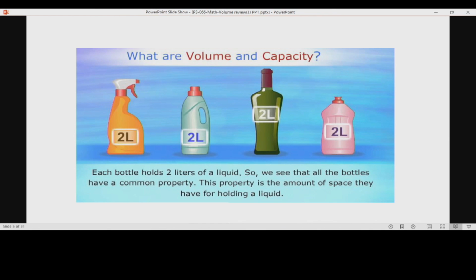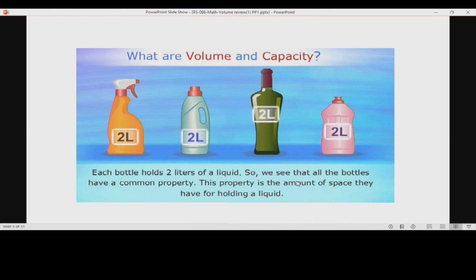What are volume and capacity? Each bottle holds 2 liters of a liquid. So we can say that this is the capacity. Each bottle has a capacity of 2 liters.